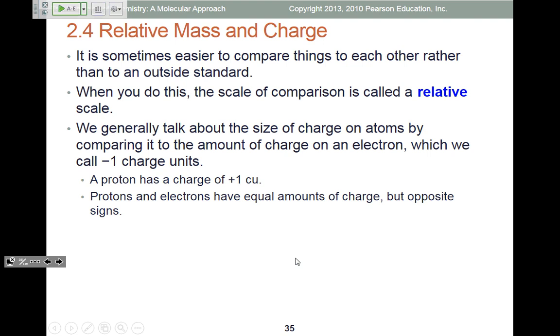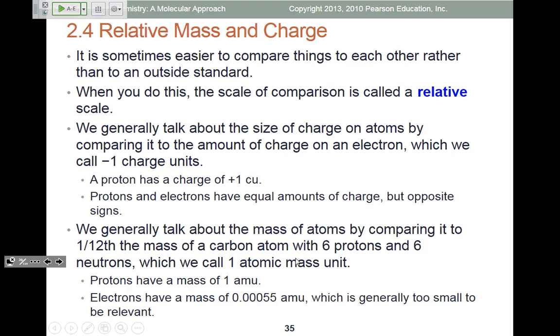It's just understood. And as far as the mass of the atoms, carbon is very abundant, so we do a lot with carbon. The mass of atoms was compared to 1/12 the mass of a carbon atom that has 6 protons and 6 electrons. So we call that 1 AMU, or 1 atomic mass unit. I mentioned atomic mass units a couple of slides ago; that's where that comes from. So because we're talking about 1/12 and we have 6 protons and 6 electrons, protons have a mass of 1 AMU.